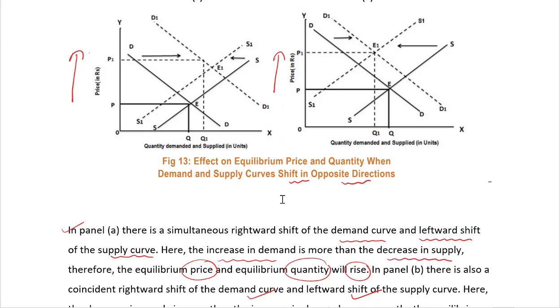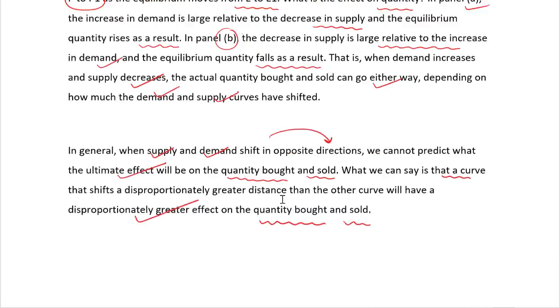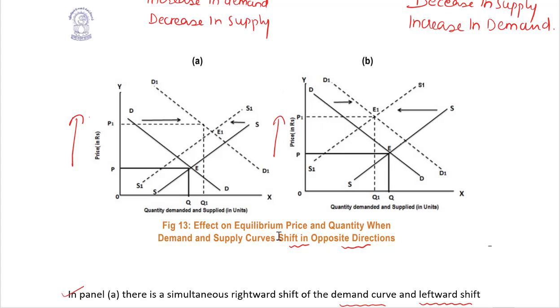And over here we have seen the effect on equilibrium price and quantity when the demand and supply curves shift in opposite directions.